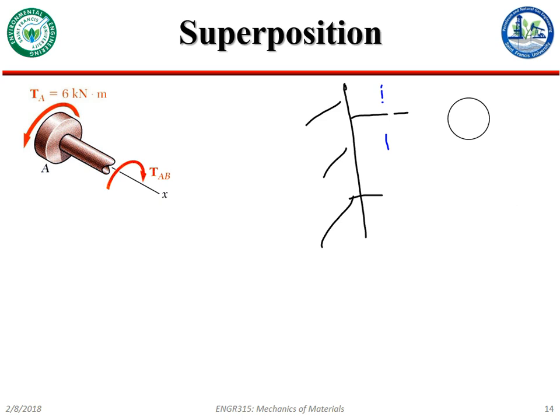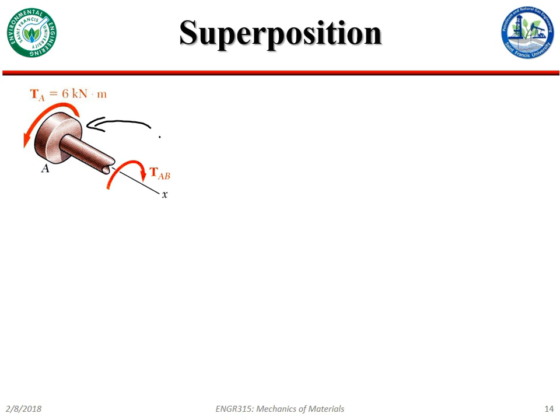Say that I have the shaft here, with a 6 kilonewton meter torque being applied to this end, say through a gear or something like that, or a friction roller or whatever. There is more shaft here, but it doesn't actually matter.